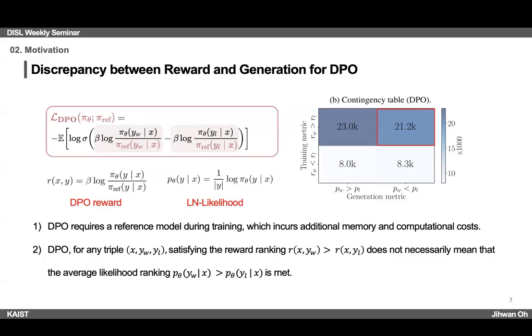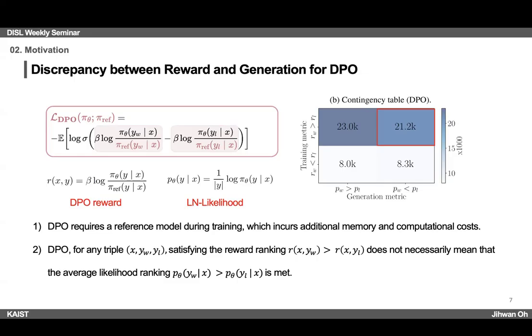On the left, they show the DPO loss, which optimizes the log ratio of the chosen and rejected outputs based on the reference model. The reward is computed using this ratio, and the model is trained to prefer outputs with higher reward. However, the authors emphasize that the actual generation behavior depends on the length-normalized likelihood, which introduces a mismatch.